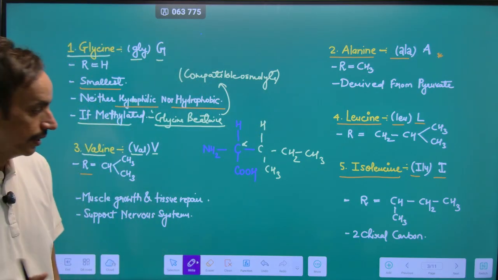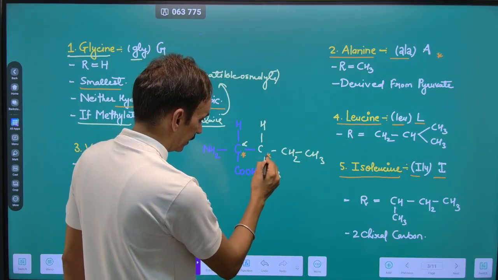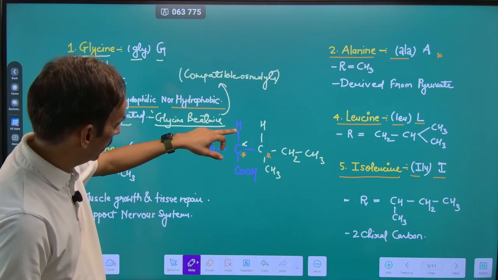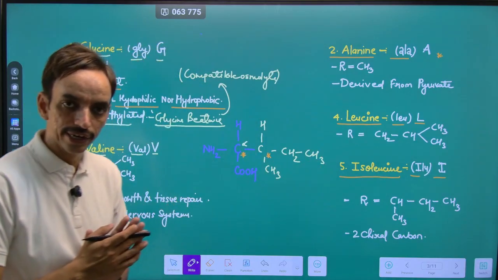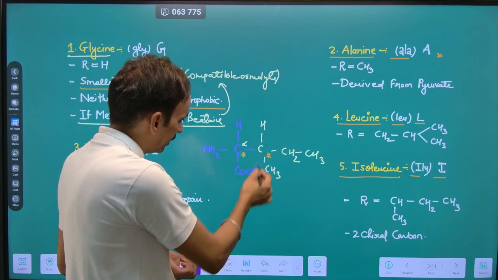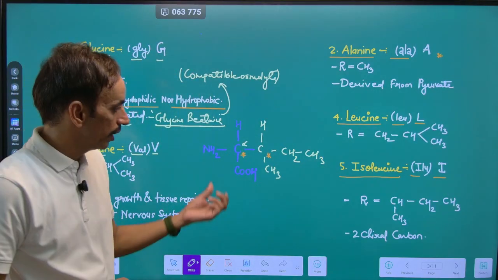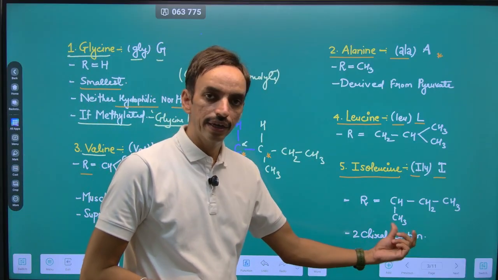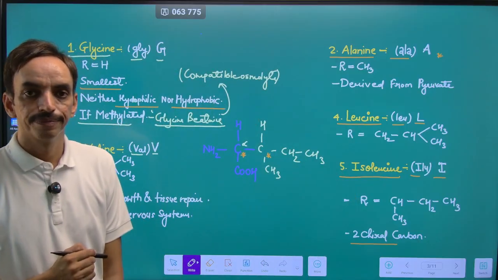Now here there are two chiral carbons, this chiral carbon as well as this chiral carbon. This one has four valencies, H, NH2, COOH and this particular group, so it is a chiral carbon. While this C has one H, this entire group, CH3 and CH2CH3. So isoleucine has two chiral carbons. You have to remember this. It has two chiral carbons.